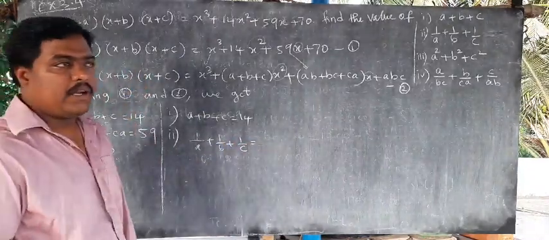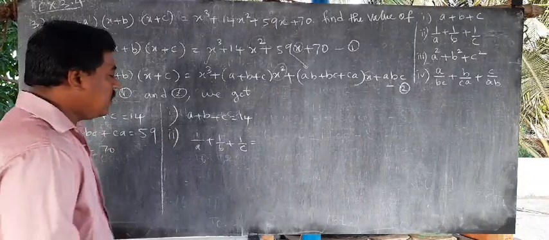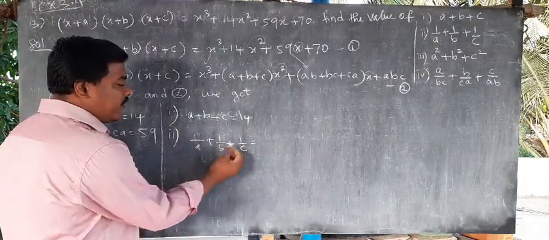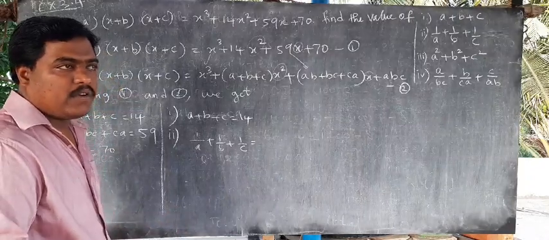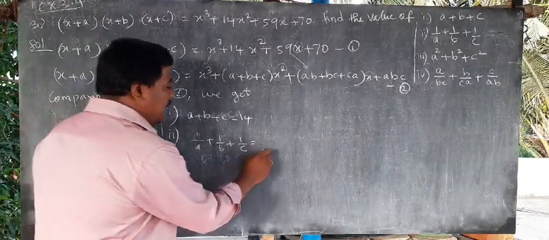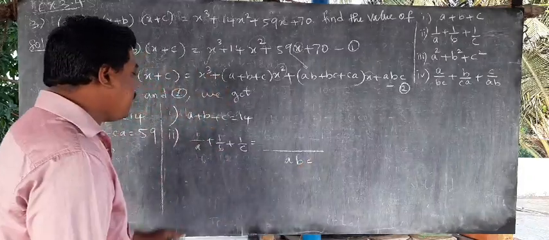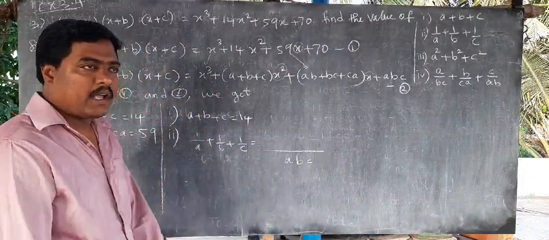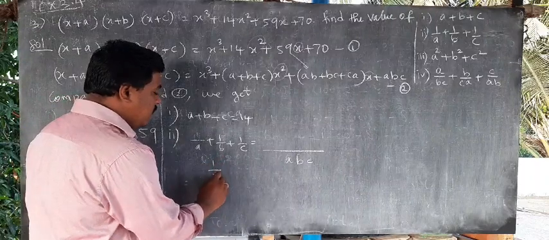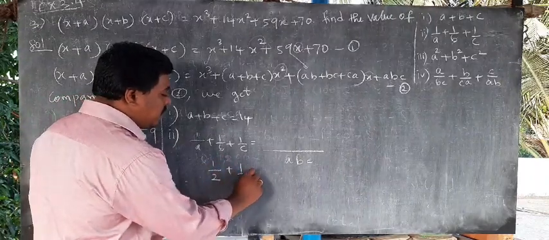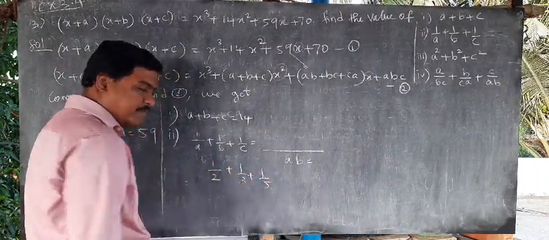This one we have to find, which means we have to form the equation. See the denominator, different variables we have, so we need to take the LCM. Directly, A, B, C is the LCM for A, B, C. Because listen, 1 by 2 plus 1 by 3 plus 1 by 5.